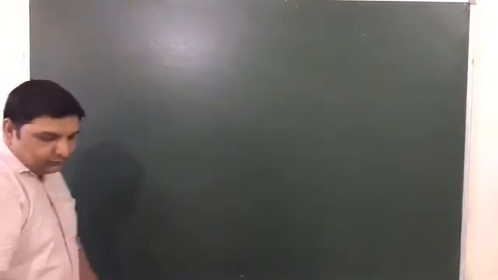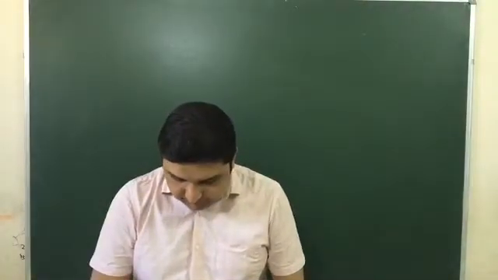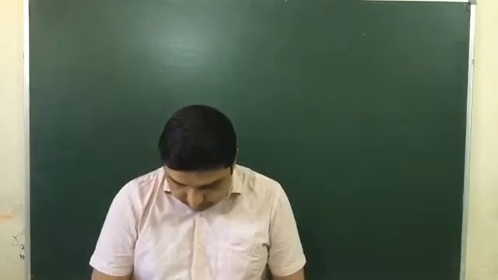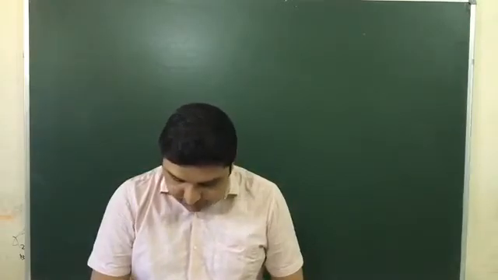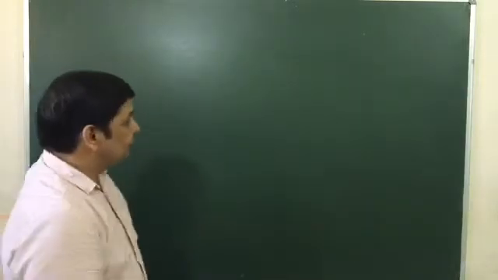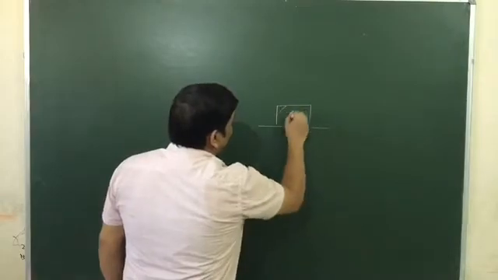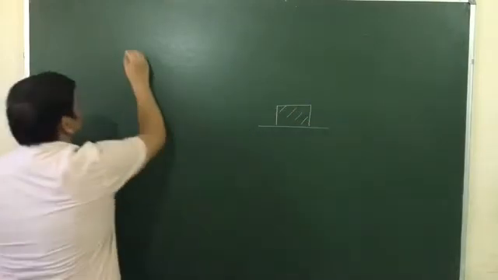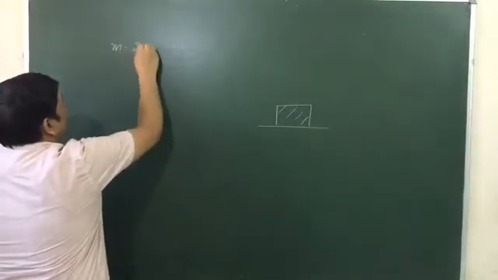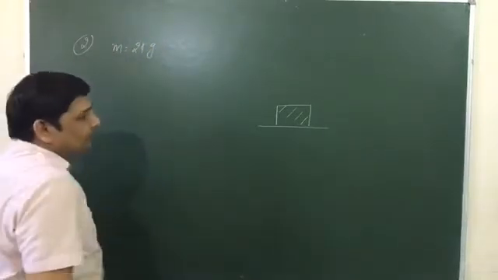Now, coming to next question. Question number 2. A block of mass 2 kg is placed on the floor. The coefficient of static friction is 0.4. In this case, a block of mass 2 kg is given.